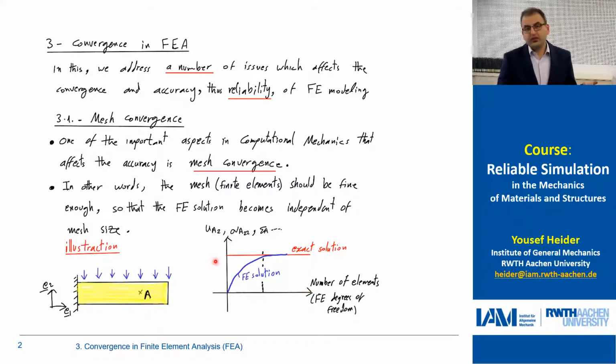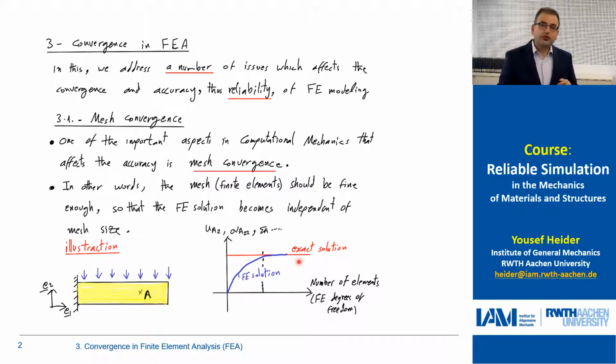Assume that we know the solution, so we have an exact solution, maybe an analytical solution of our equations, or a reference solution. Then by mesh refinement, if we increase the number of finite elements, we would have convergence to a certain value.